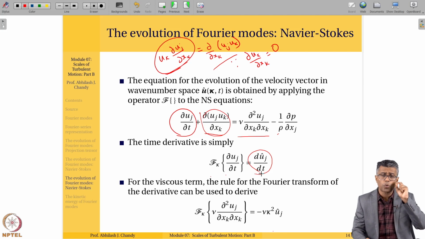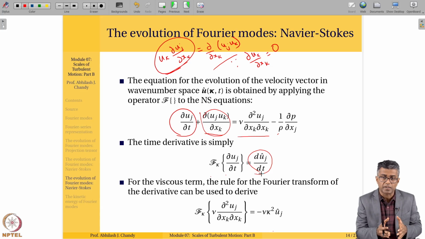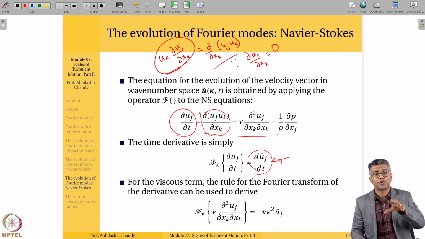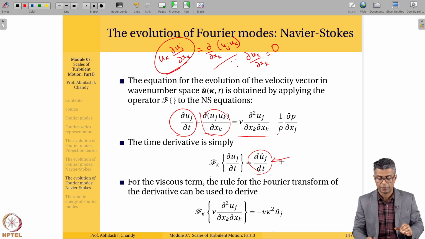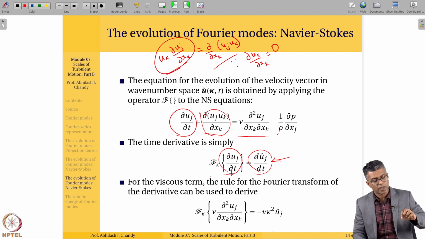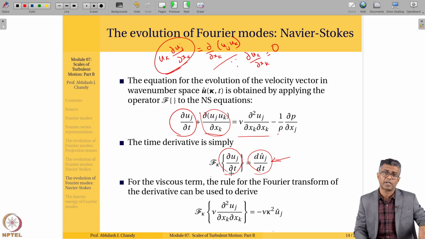So its only independent variable is time because it is discrete. You have a uj hat for each wave number, which only depends on time. That is why this became like a total derivative and not a partial derivative. What you had as a partial derivative, del t of uj, now became d dt of uj hat. Because you have a uj hat which is a Fourier mode at each wave number kappa, so its only dependency is on time. That is how it became a total derivative.